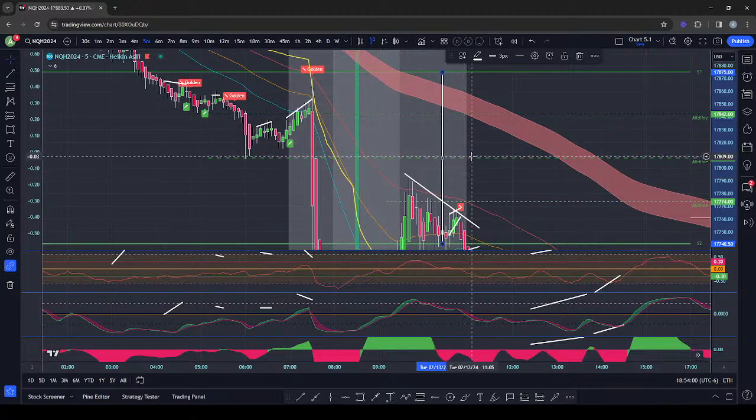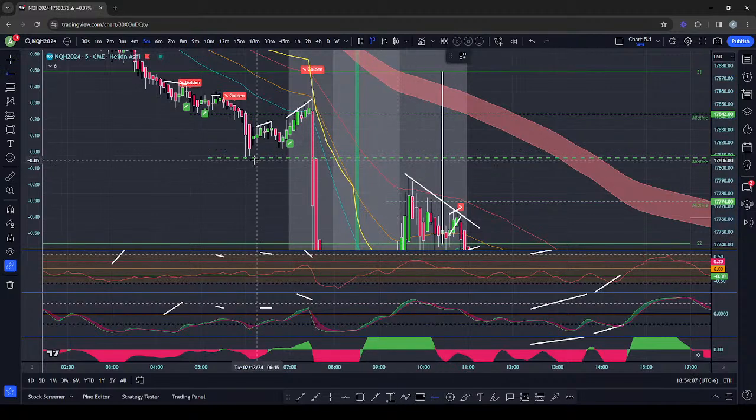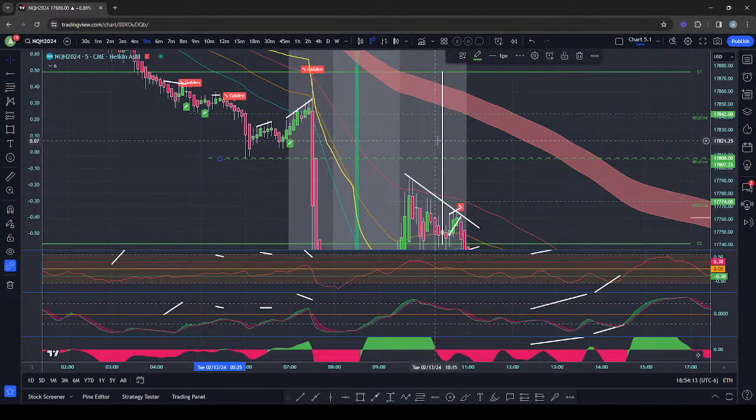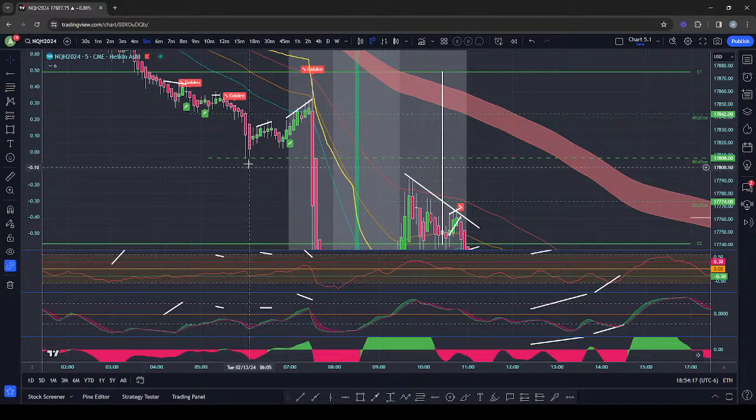Then I take my horizontal ray and drop it in, lining it up with that center dot. Sometimes you won't get it exact, but try to get it as exact as you can.